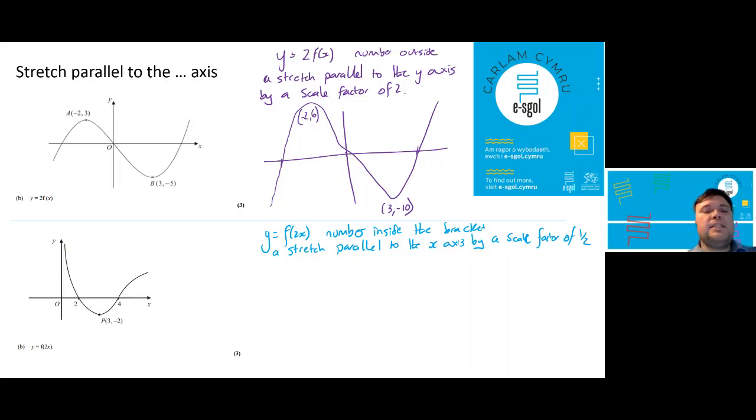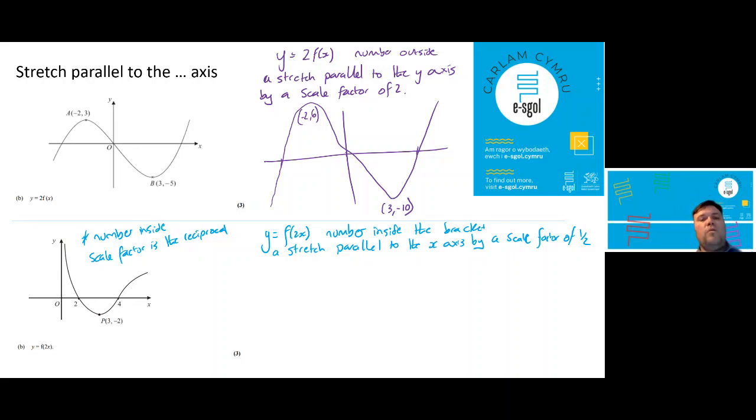So the number inside, let's put a note, number inside, the scale factor is the reciprocal of it. Scale factor is the reciprocal. Which just means that you would flip.